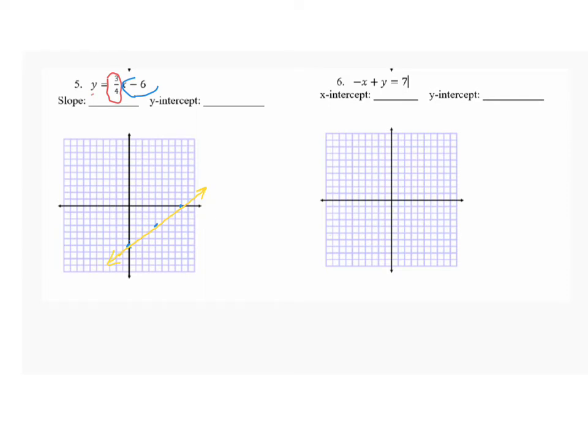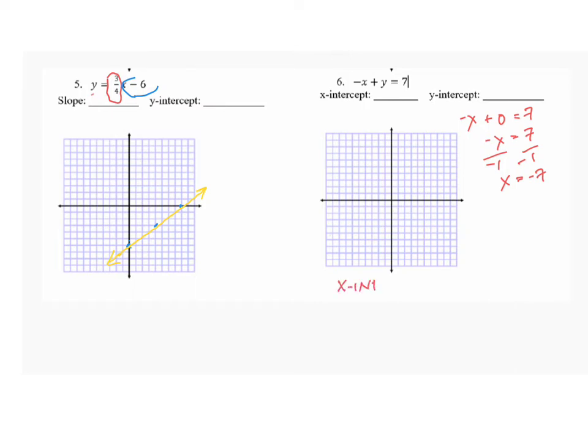Here again, if I want to know the x-intercept, I go -x plus 0 for y equals 7. So -x equals 7. So again, I want to know what positive x is, so I divide each side by -1, and I get x equals -7. So the x-intercept is, I'm going to have to write it downstairs again.